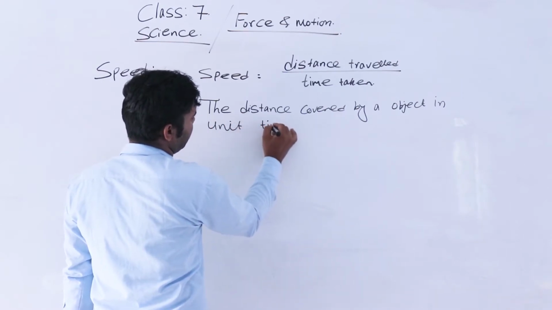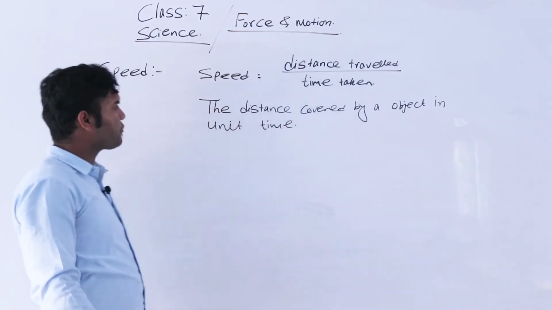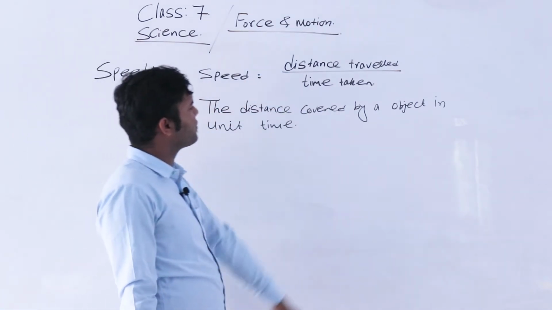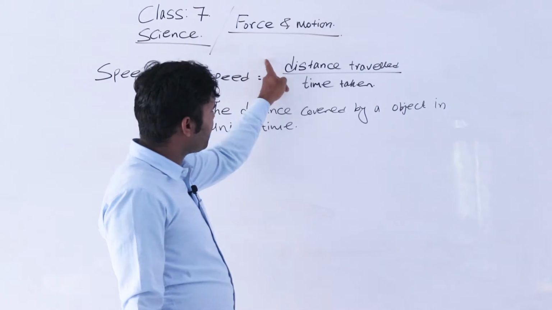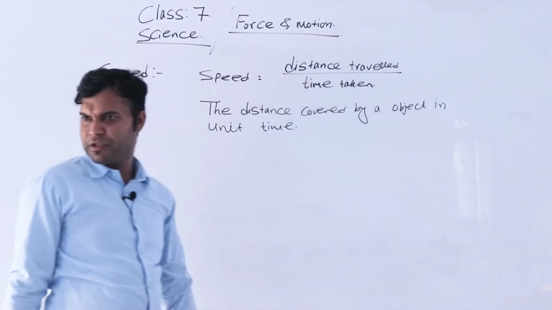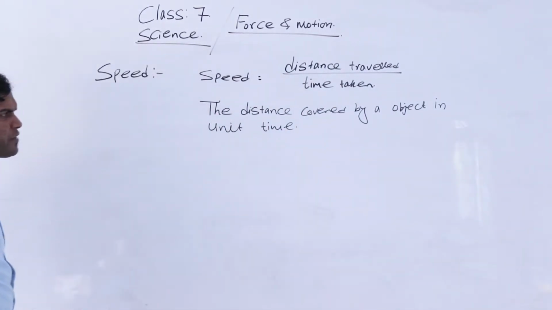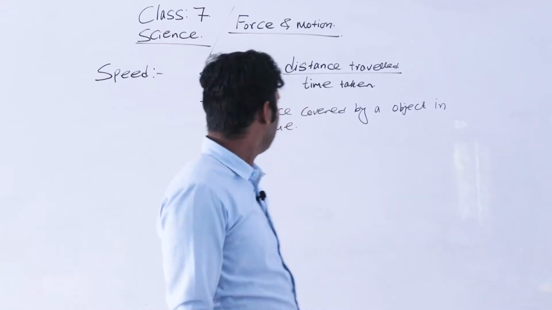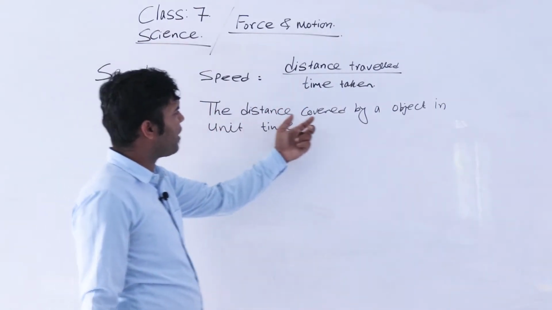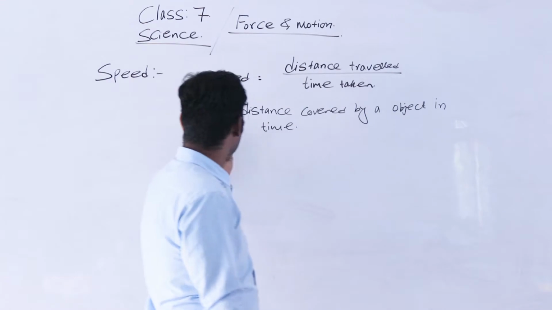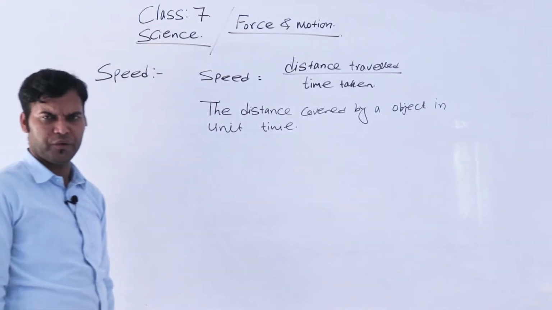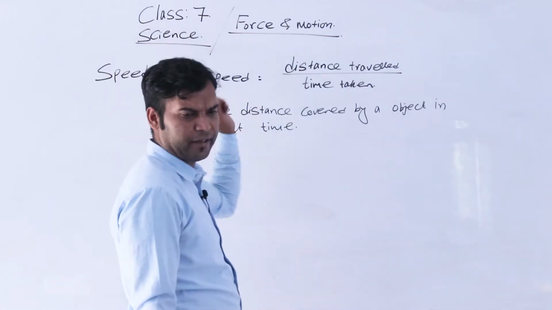Speed is defined as the ratio of distance travelled to the time taken, or the rate of change of distance travelled. The rate of change of distance travelled is called the speed. It is defined as the distance covered by an object in a unit time, which is called the speed.